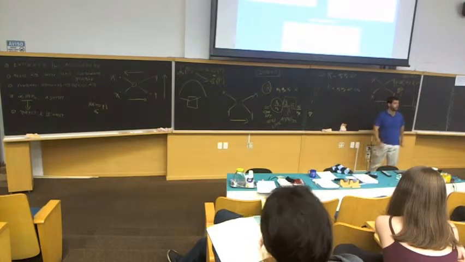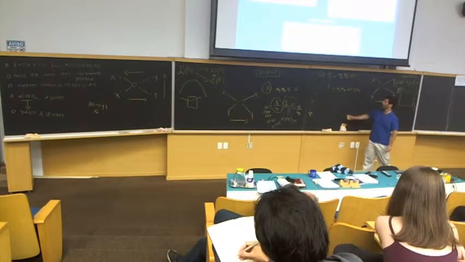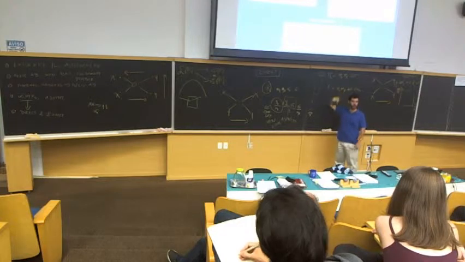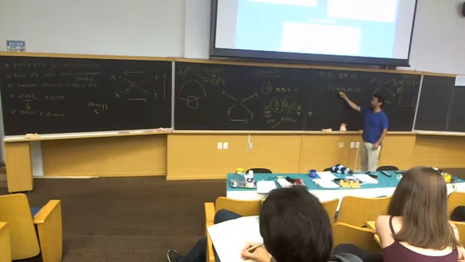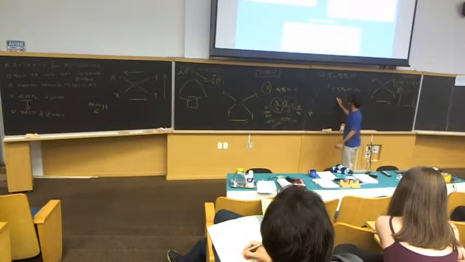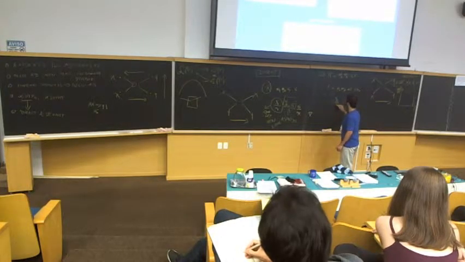This is the rate per unit volume. This is the dark matter particle density. So somehow this is proportional to the dark matter density divided by the mass of the dark matter particle.